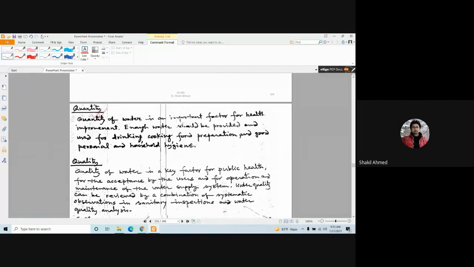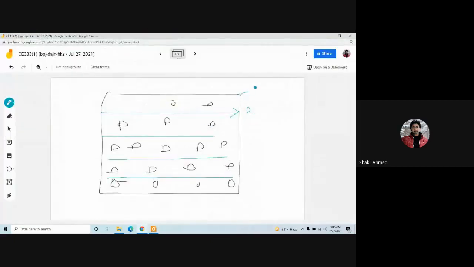Okay, quantity. For example, the demand here is 1,000 meter cube per second, and you are providing 700 meter cube per second. So there is a shortage, am I right? Yes. The remaining 300, 1,000 minus 700 meter cube per second, where would the community get that from?